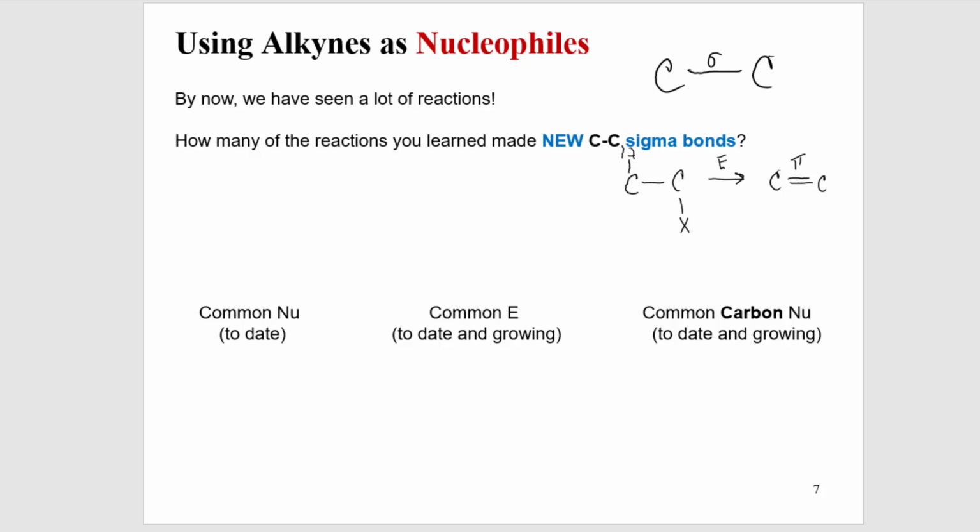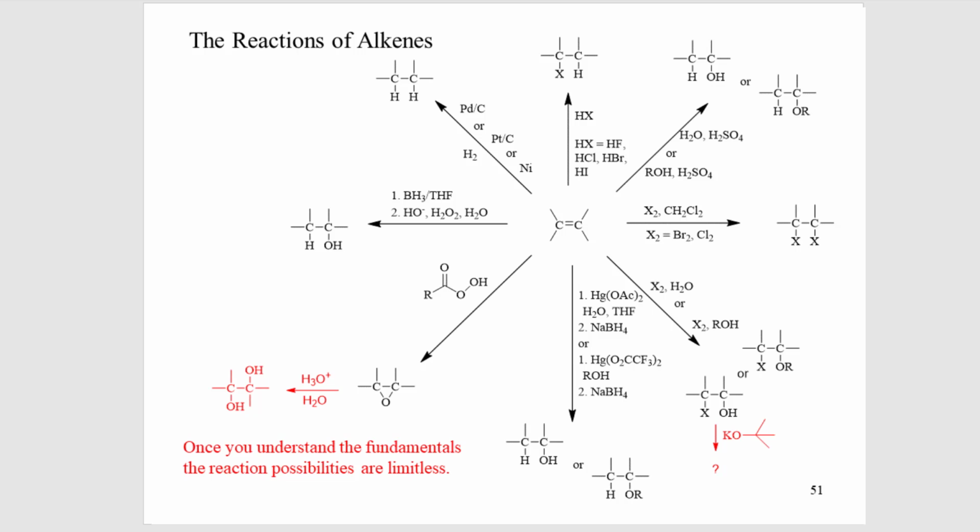Let's think back. We covered a lot of reactions in alkenes. Is there anything there? Did we make any? Nope. Wow, nope. All of these reactions and we didn't make any carbon-carbon bonds that were new? It's like carbon-oxygen, carbon-hydrogen, carbon-halogen.